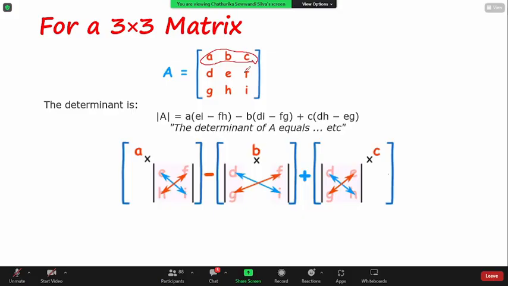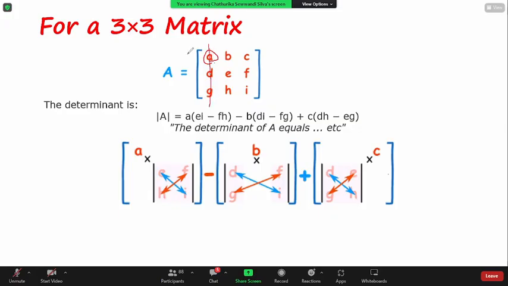Right? Okay. So this is how it happens. Since they have used the first row, this is how it happens. You select the first element.